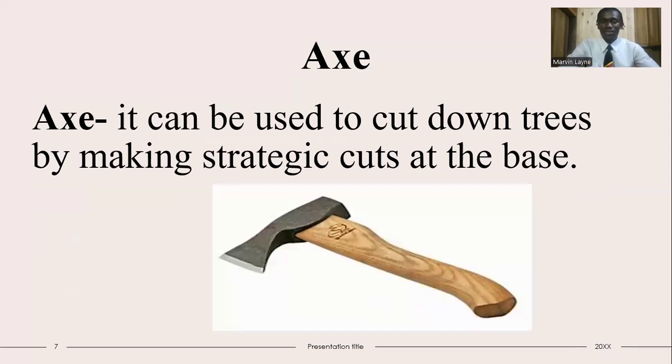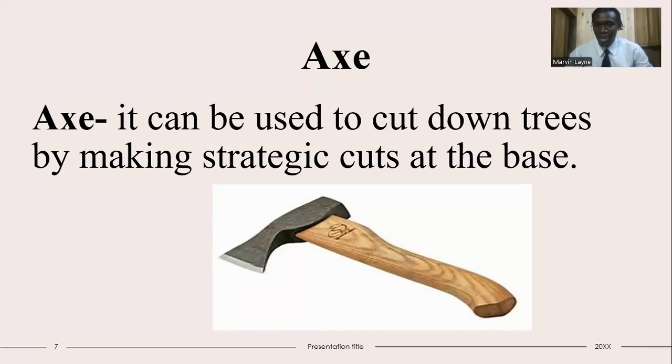We have the axe, and the axe is used to cut down trees by making strategic cuts at the base. So let's say you are a farmer and you want to plant some planting suckers. However, the land that you have has large trees on it. You can't use your cutlass or your kitchen knife to cut down the tree. You need a special tool, and the tool is the axe.